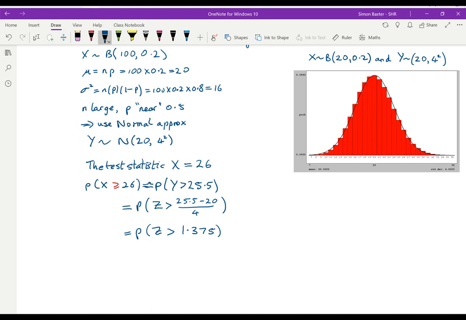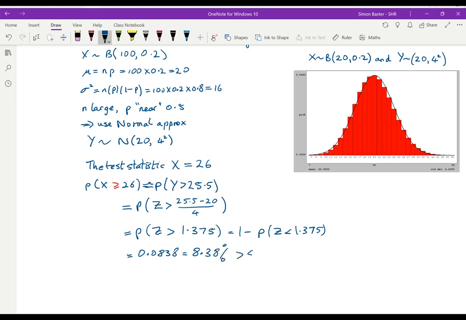1.375, which is 1 minus the probability that, because this is how we use our table, Z is less than 1.375, and that is equal to 0.0838, which is 8.38%.